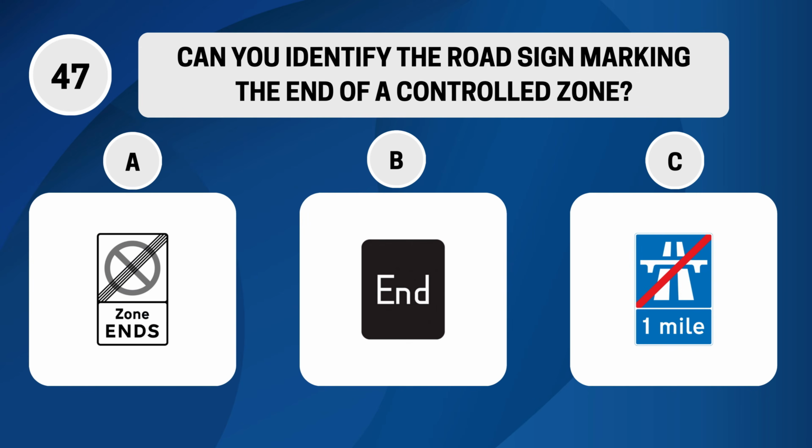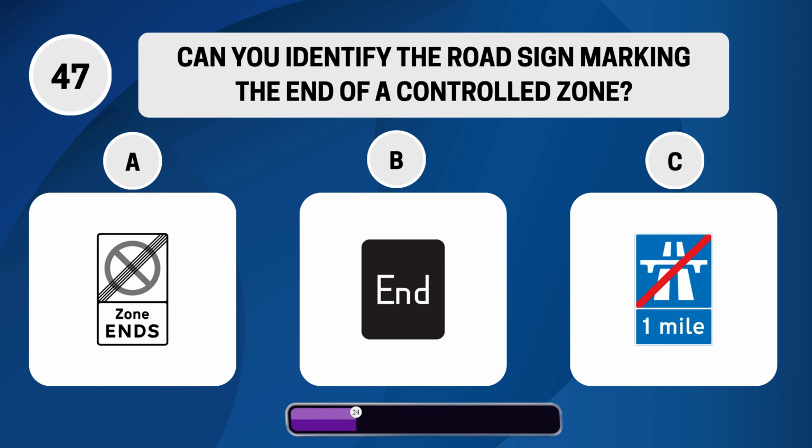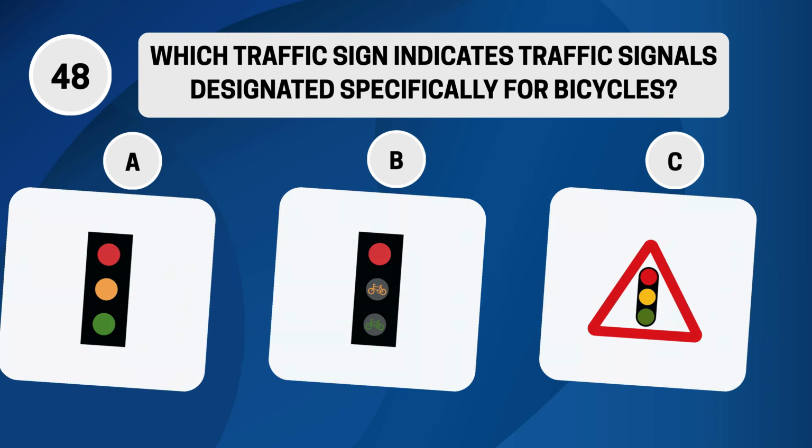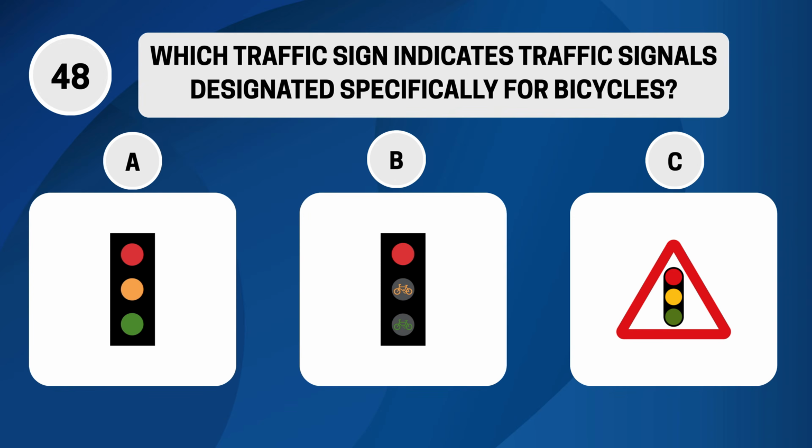Can you identify the road sign marking the end of a controlled zone? Which traffic sign indicates traffic signals designated specifically for bicycles?